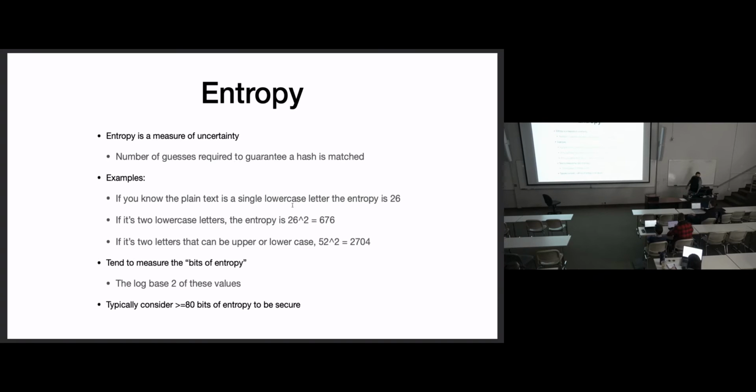So if, for example, I have some plain text input, not necessarily a password, that I'm storing a hash of, and it's one single lowercase character, and I advertise that, then in at most 26 guesses somebody's going to crack that hash.